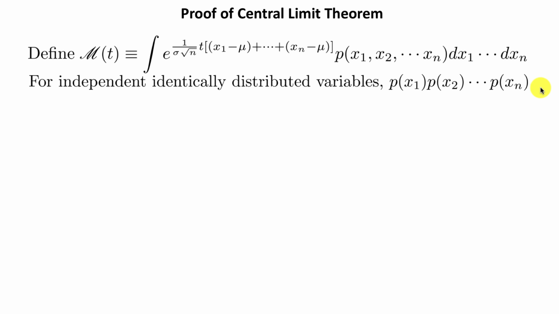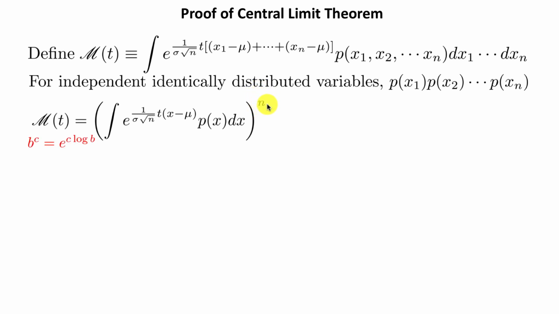Okay, so now let's proceed and use what we had before. Earlier, we had m with just e to the tx over here. But now we've learned something, and we are going to use this exponential here, weighted by the same p of x, and raised to the nth power, where n is the number of independent random variables.